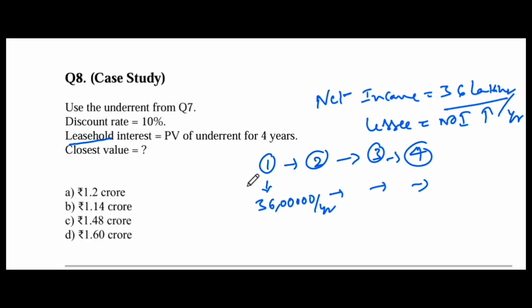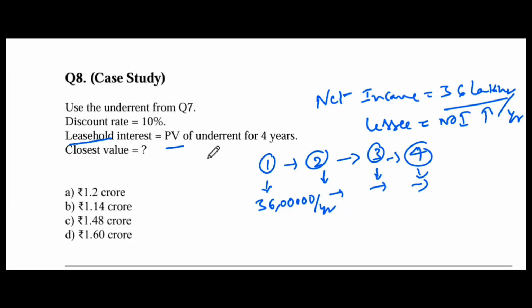So what will be the present value on today's date? There will be a sequence of payments every year, a sequence of returns, not just one return. We have to discount. He is asking the discounted value. Discounted value means, here the PV concept means anticipating the future income of 36 lakhs rupees every year for 4 years.